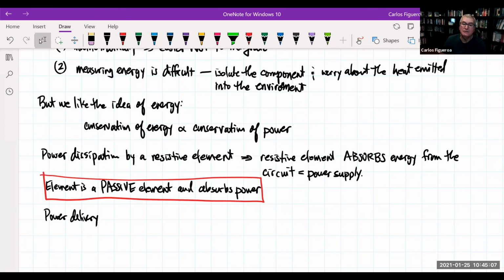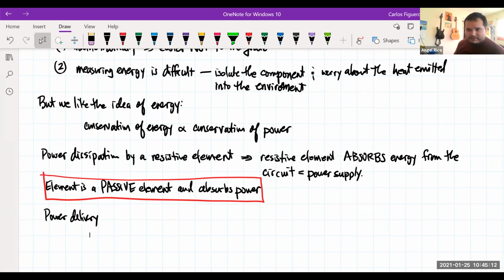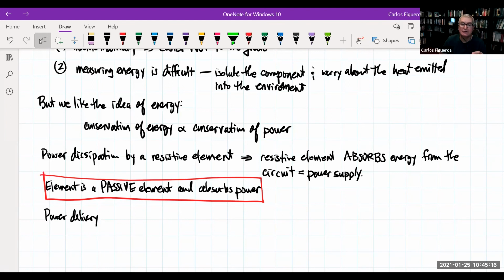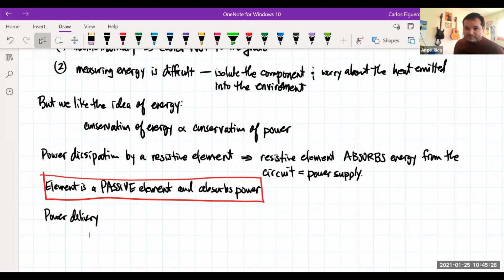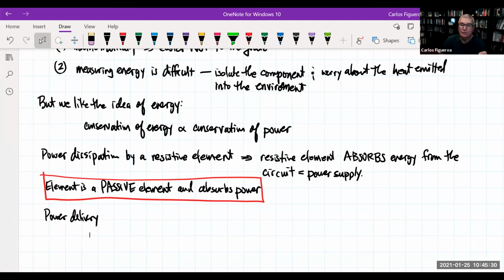Does it absorb energy from the circuit? It does absorb. Okay, so what if I charge a capacitor and I take it out of the circuit, and now I connect it to a light bulb. Is that capacitor passive? It should be passive because there's no voltage, right? Or no, it has a voltage. It does have the voltage. Never mind.